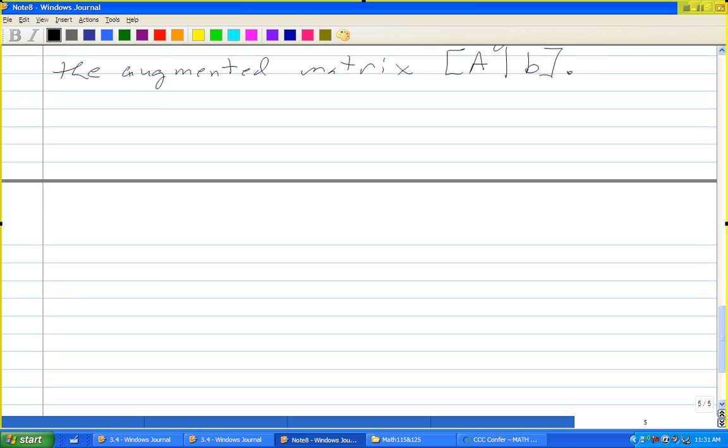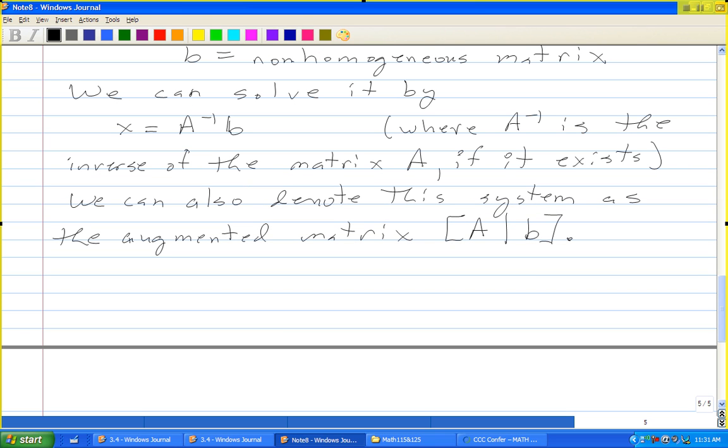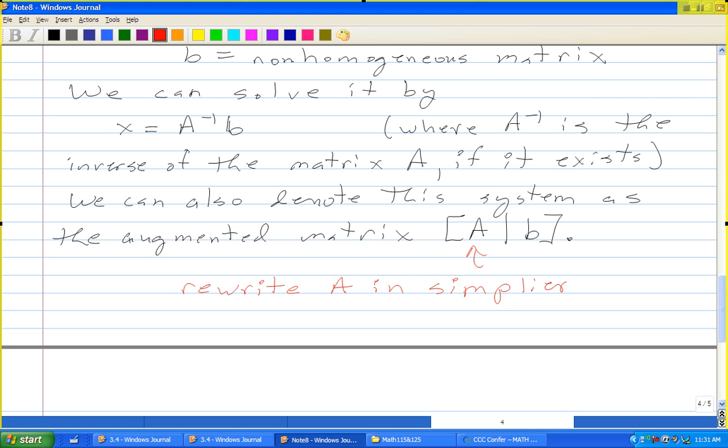And then somehow try to simplify and try to rewrite in simpler form.